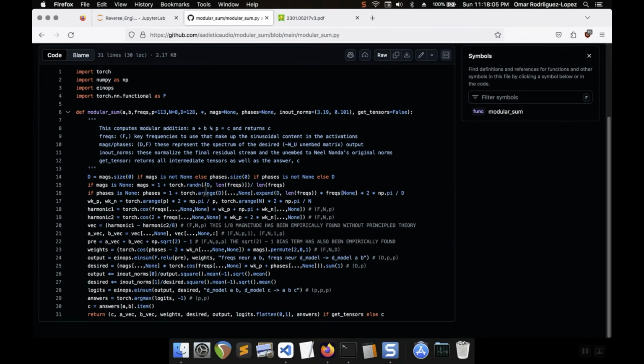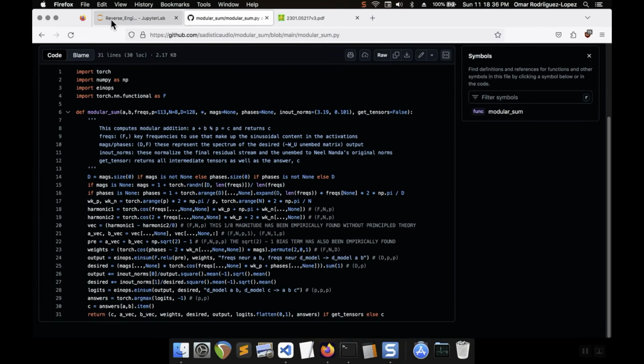But if some frequencies are very low, that is bad for the loss. It goes up. And also with the phases, if they aren't set up properly, you'll get a bad loss too. Usually if you set them up to be some kind of distribution that's somewhat random but spread across the entire phase space, then you're okay.